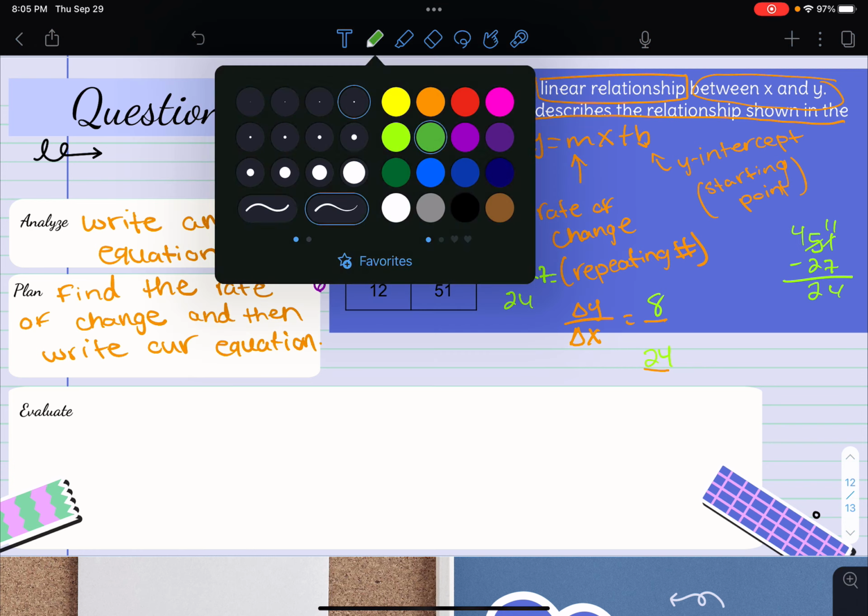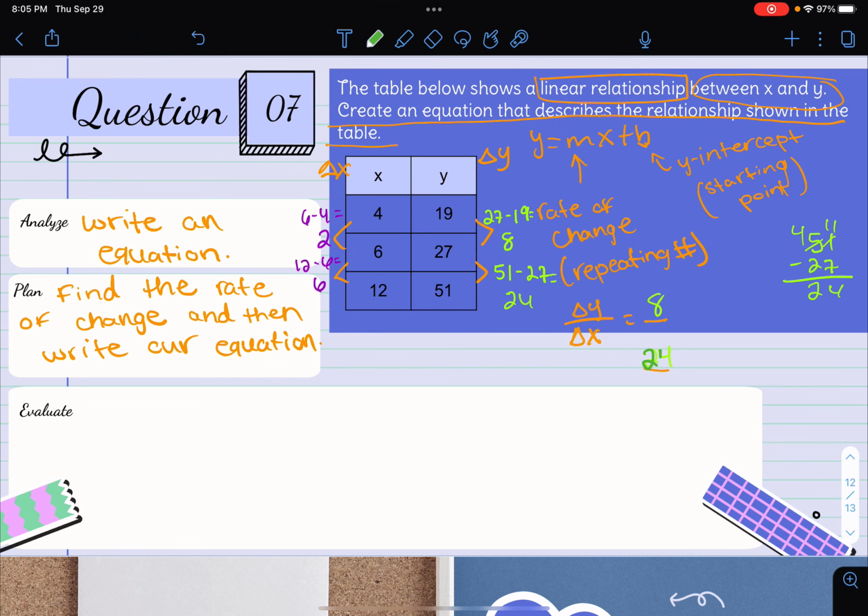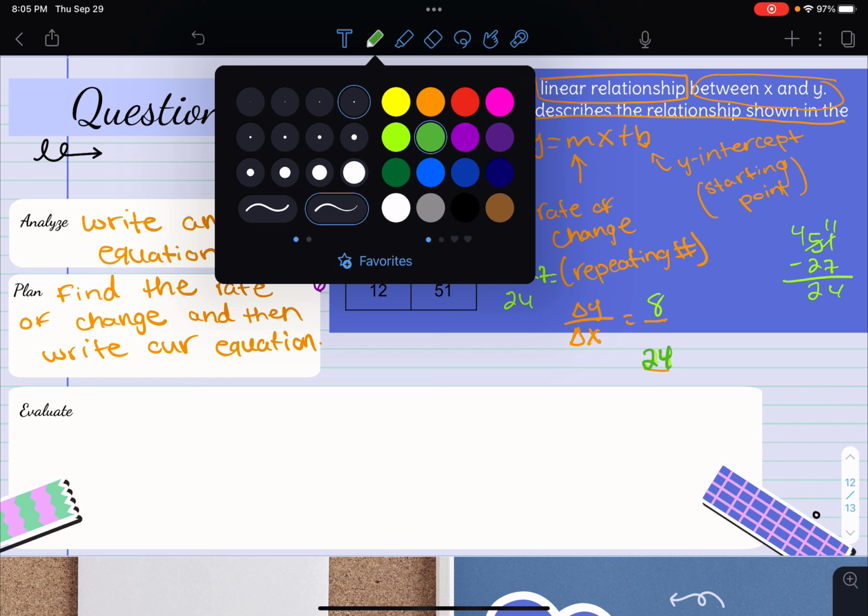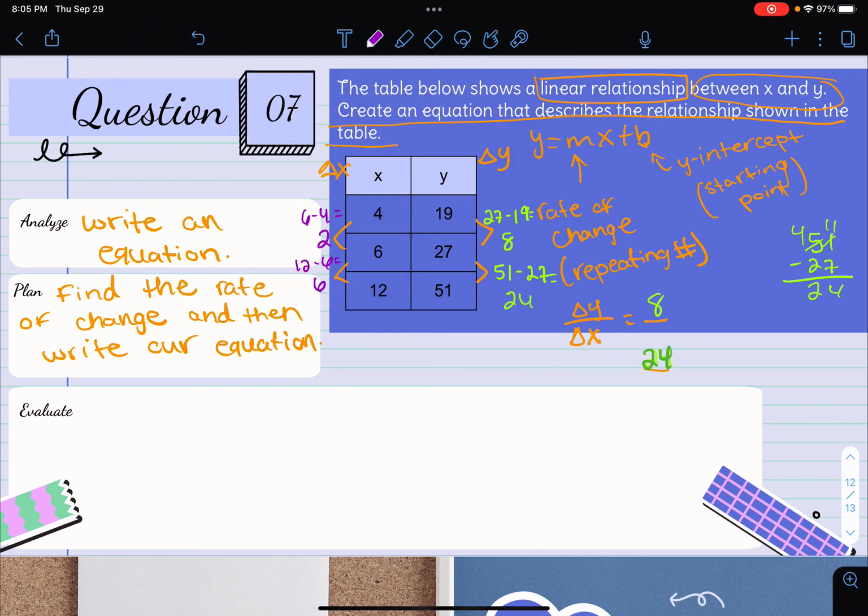Let me do the darker green for this one. Okay, and then you have 2 and 6. So what's 8 divided by 2 and 24 divided by 6? So you should have got 4 for both of those. So that means that your constant equals 4.